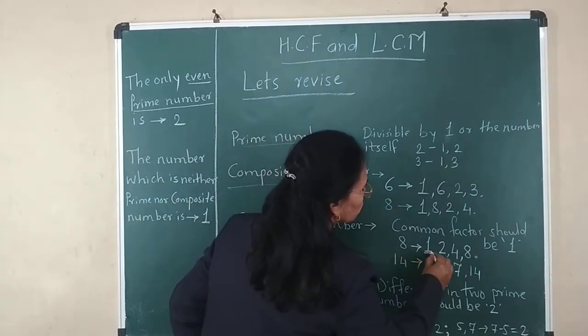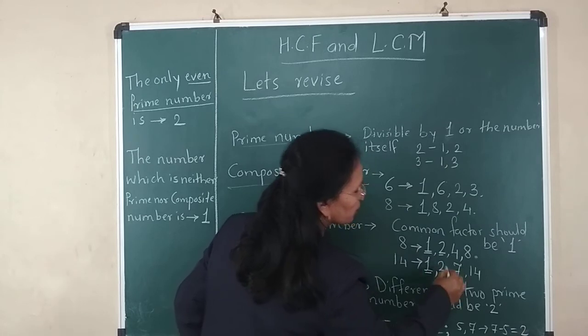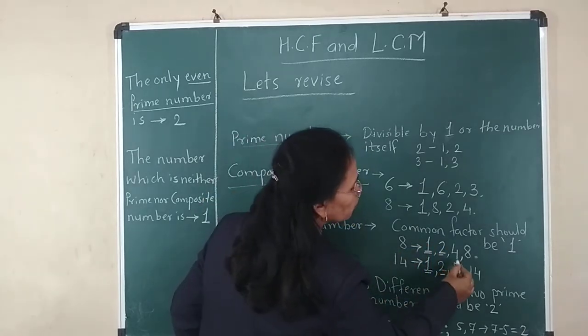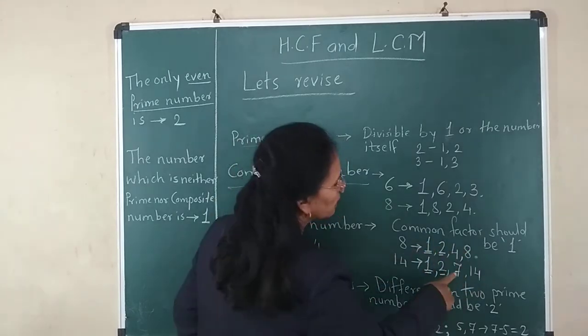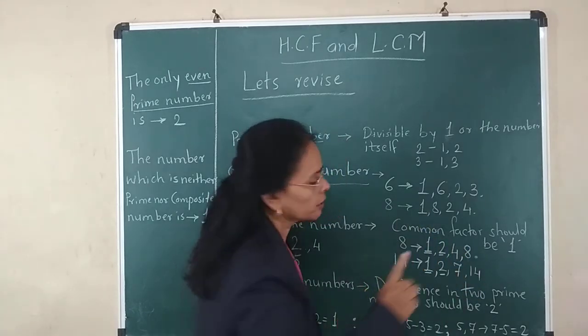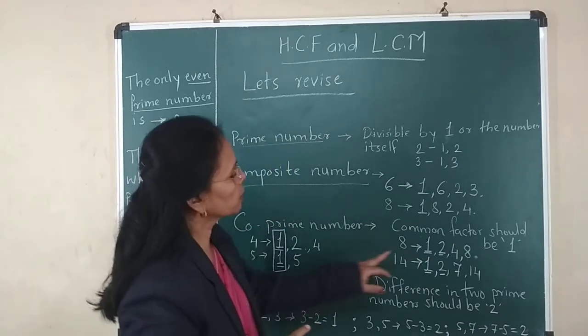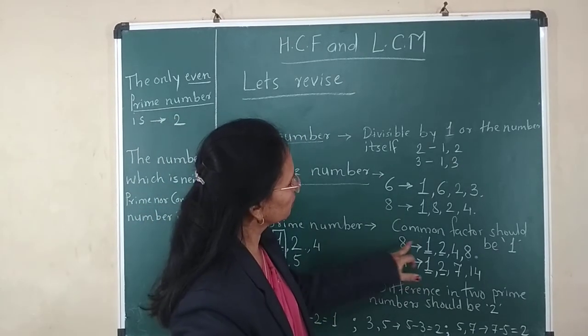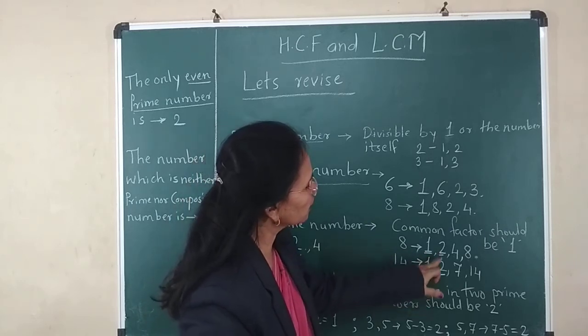Here there is 1. Here also there is 1. Here there is 2. Here also there is 2. Here there is 4 but here is not 4. Here there is 8 but here is not 8. Here there is 7 but here is not 7. Here there is 14 but here is not 14. That's why the common factors in both 8 and 14 are 1 and 2.